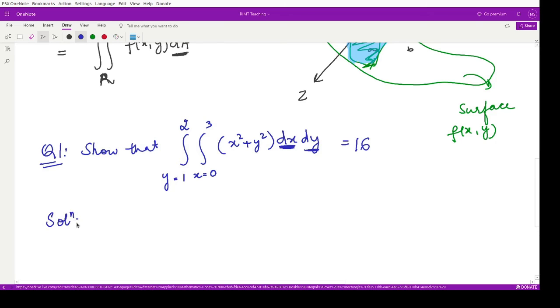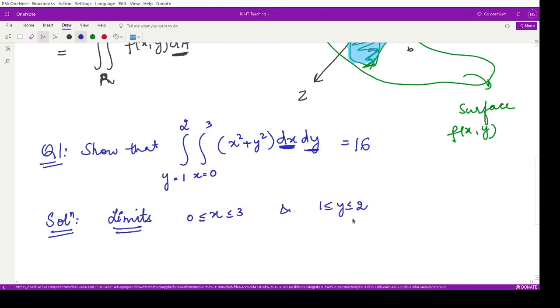So for the solution, what we have to do, we know how to perform the single integration. For the double integration, whenever you are given some rectangular region, how can you judge whether this is a rectangular region or what kind of region this is? You can judge this by looking at the limits. So here what are the limits? The limits of x vary from 0 to 3, and the limits of y vary from 1 to 2.